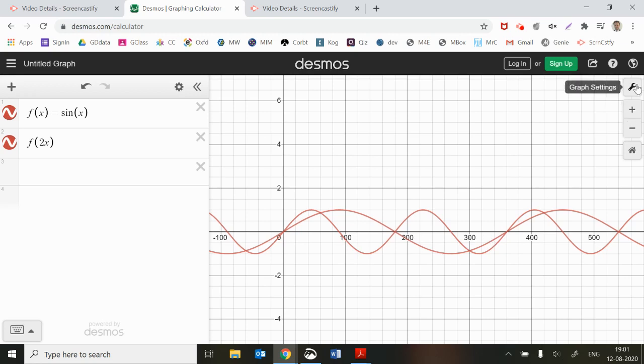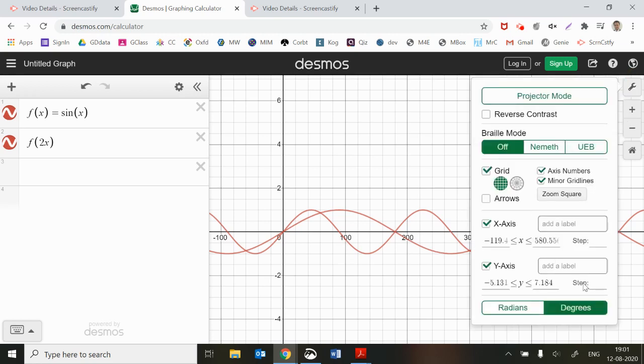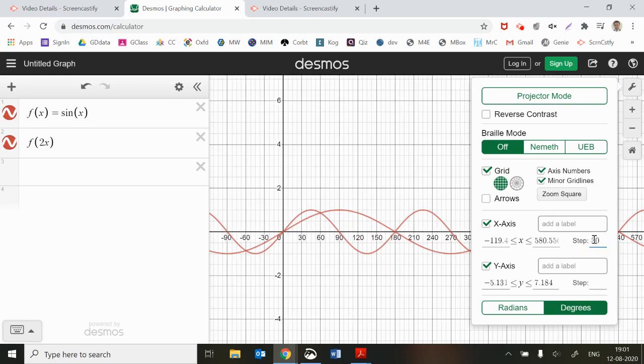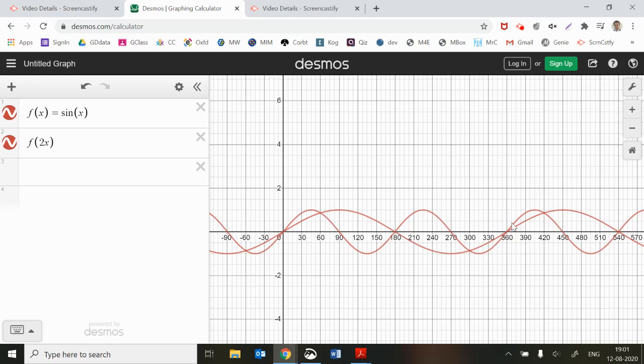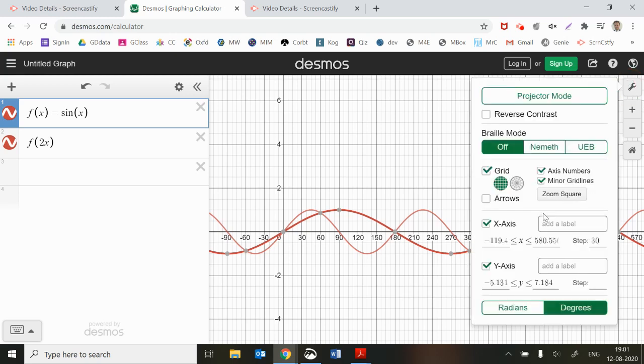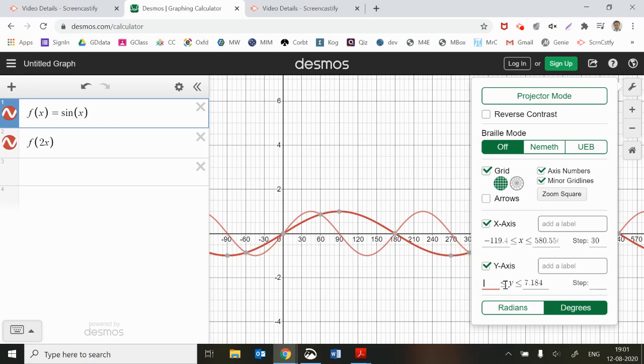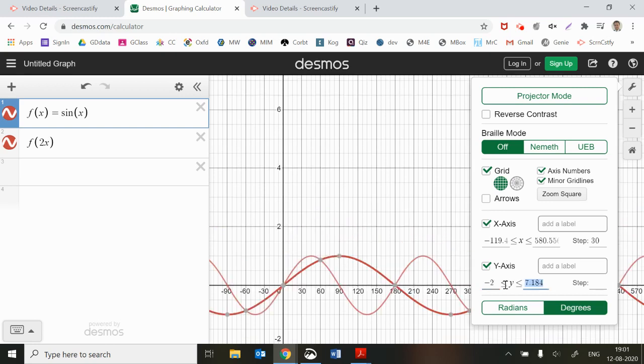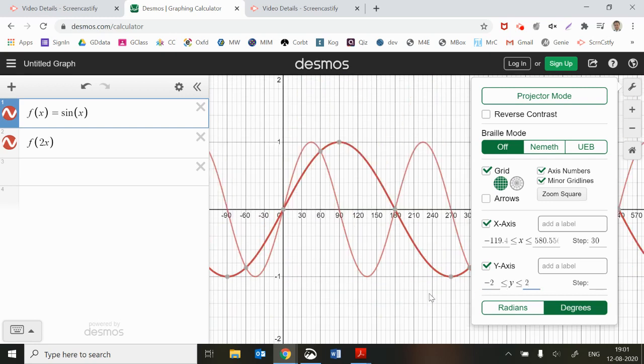Let's play around with this a bit more. Let's go up in steps of 30. There we go, so we've got steps of 30 there. Okay, so there's our 360. That's for the original graph. There's the original sine graph. Sorry about this, being quite annoying. Let's go down to -2 and 2. Okay, so there we go.